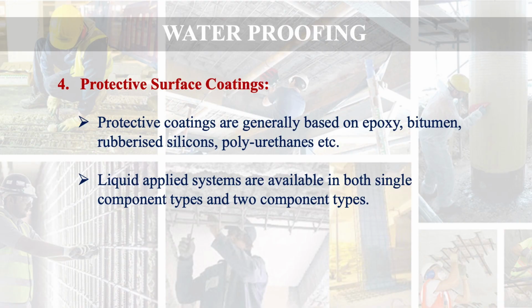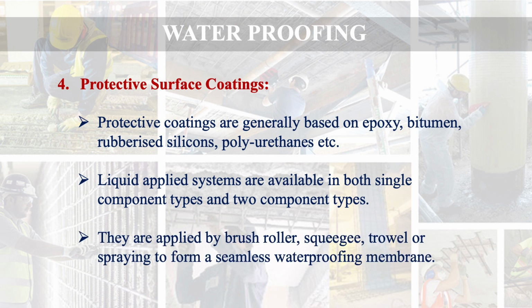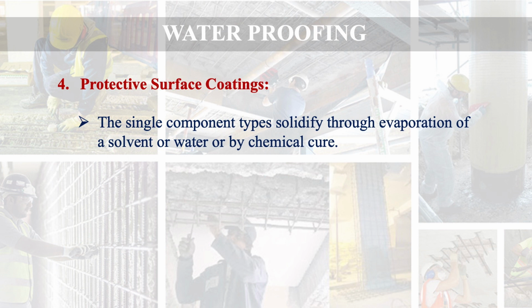Liquid applied systems are available in both single component types or two component types. They are applied by brush, roller, squeegee, trowel, or spraying to form a seamless waterproofing membrane. The single component type solidify through evaporation of a solvent or water or by chemical cure.